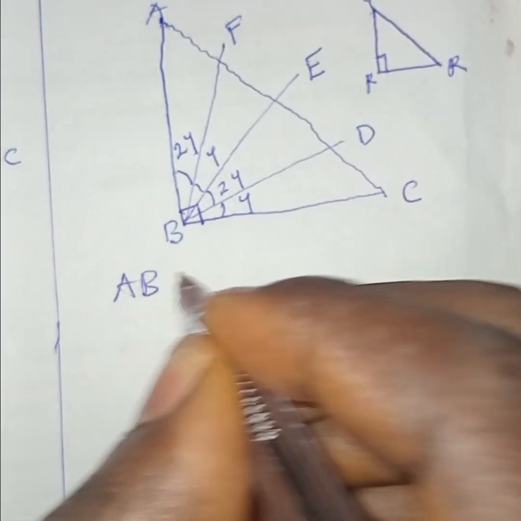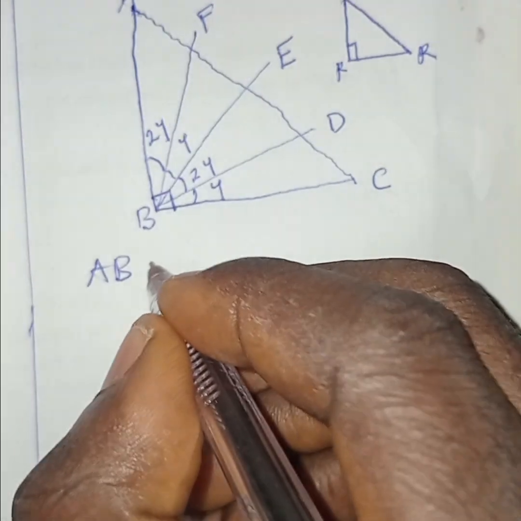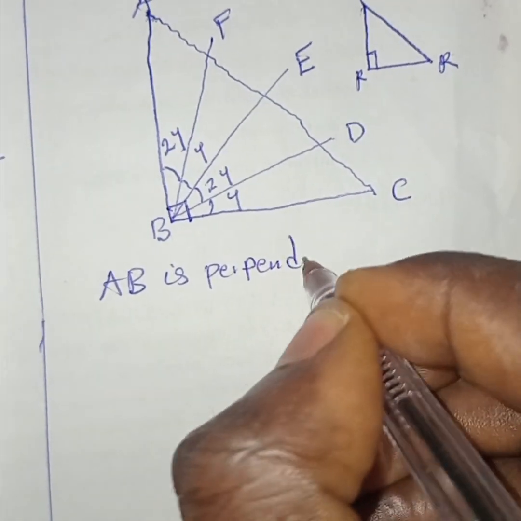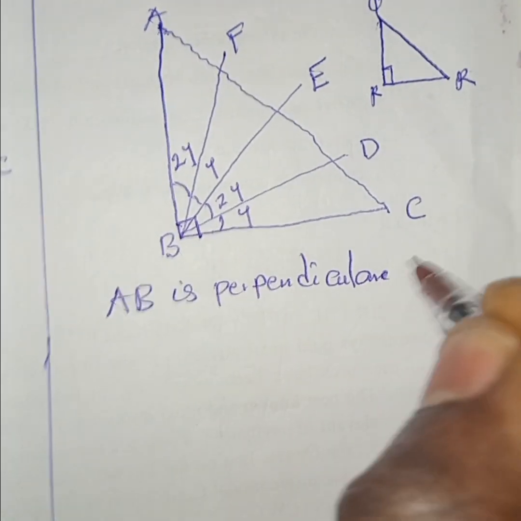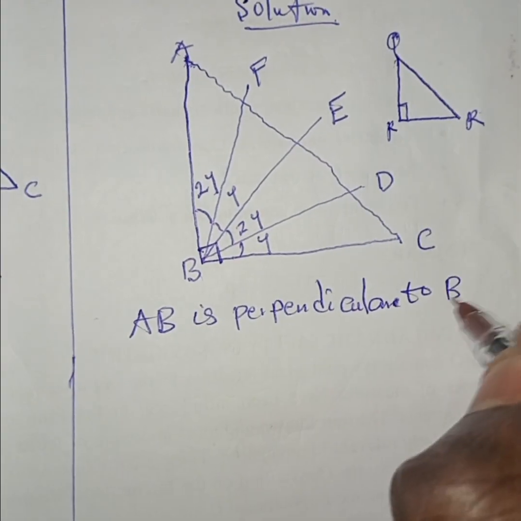So if that is well taken, now say AB, that is line AB, is perpendicular to BC.